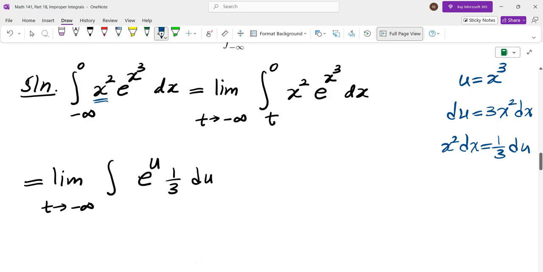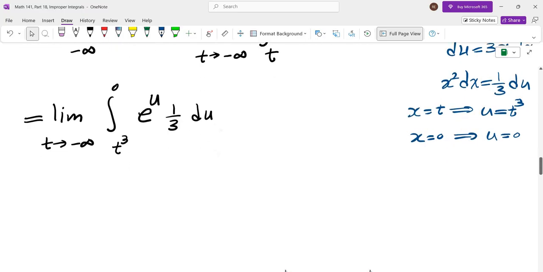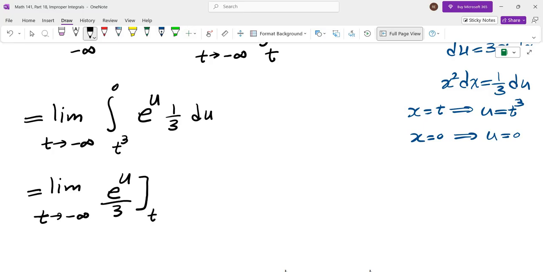And now if you plug in x equals t, u becomes t cubed. If you plug in x equals 0, u becomes 0. So this would become t cubed to 0. Now let's evaluate this integral. This is the limit as t approaches negative infinity of e to the power of u over 3 from t cubed to 0.